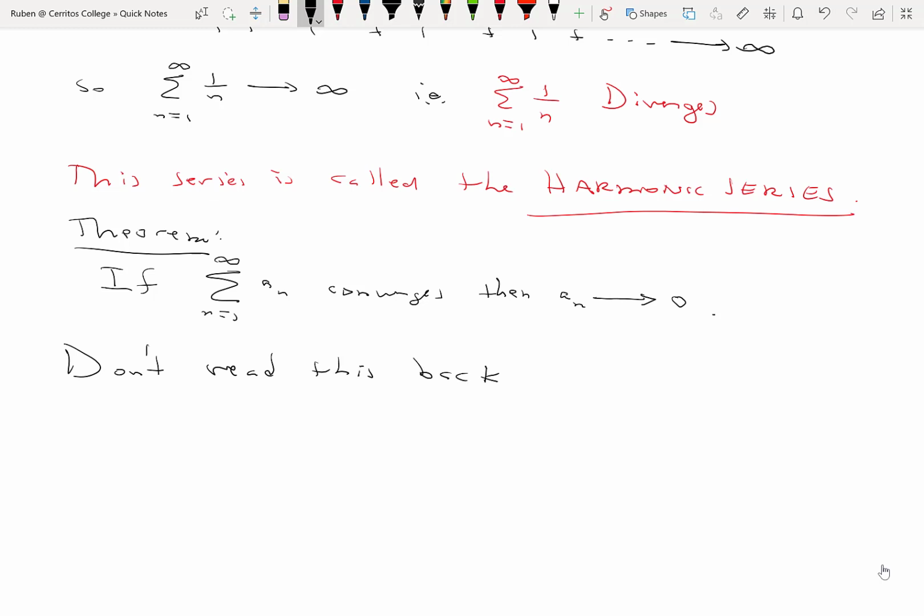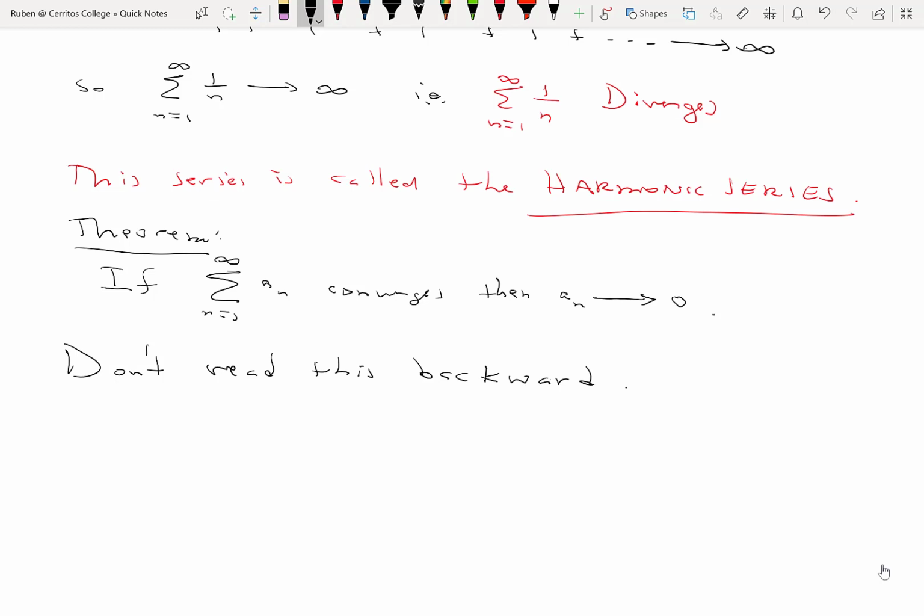Reading this theorem backwards is a gigantic source of mistakes with students, and has traditionally been a huge source of point loss on a test.